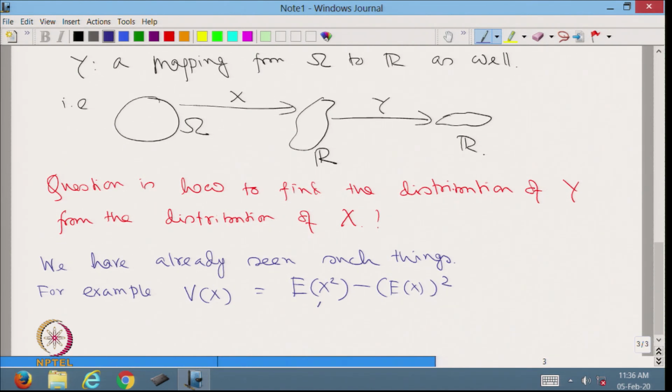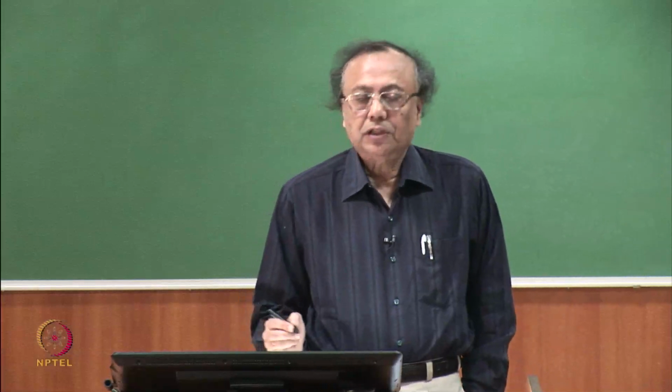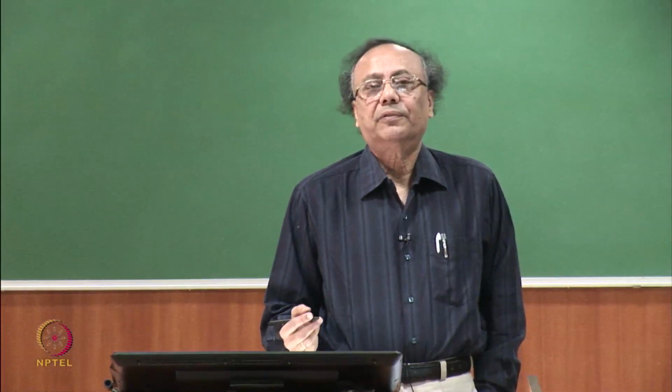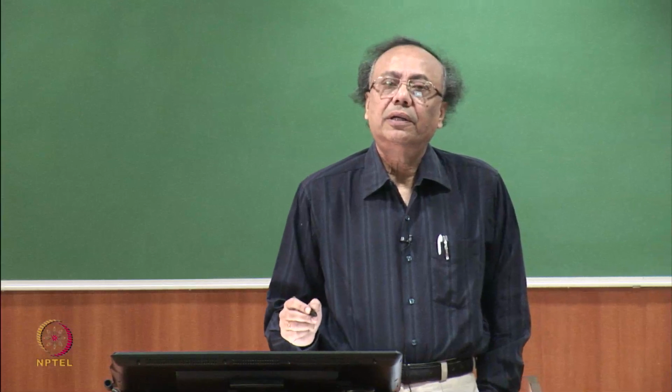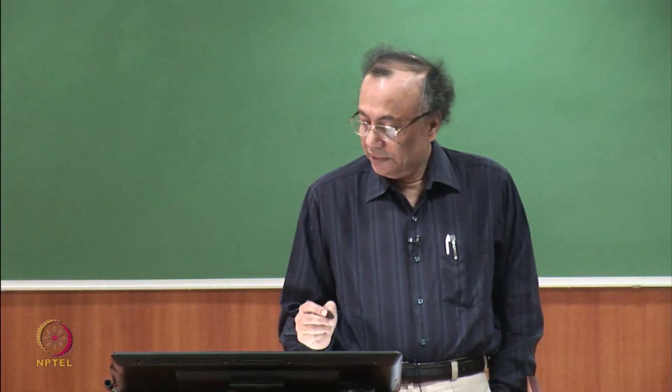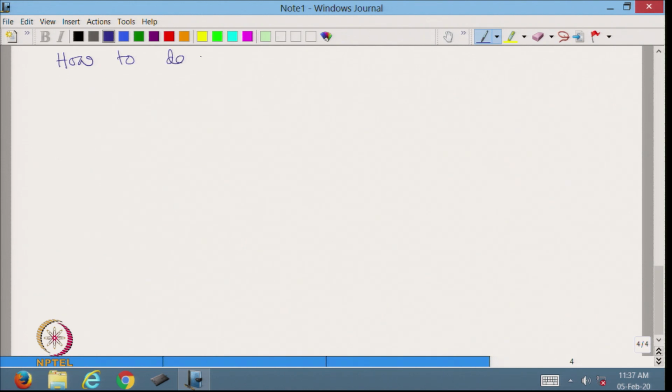Obviously, this is a function of x, and we obtained its expectation. This type of problem we have already seen, where from the distribution of x we find the expectation of x square, or we can think of getting the PDF of x square. That we have also seen how to do it in general.